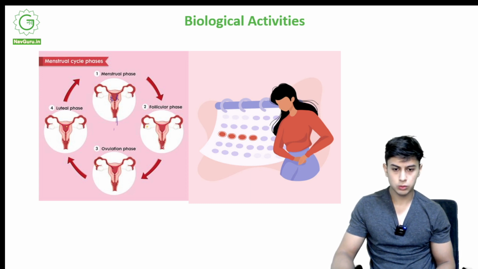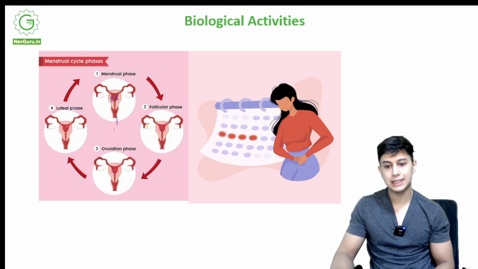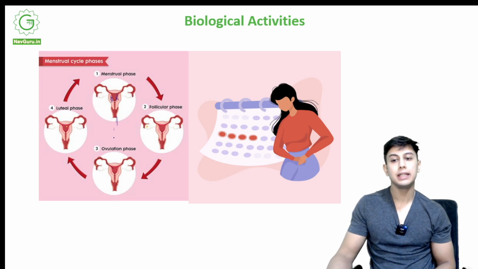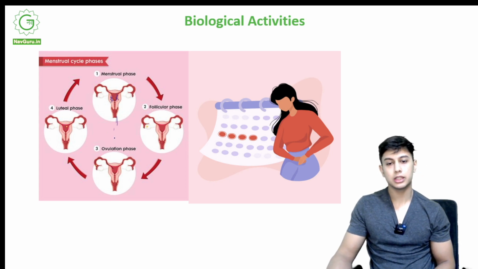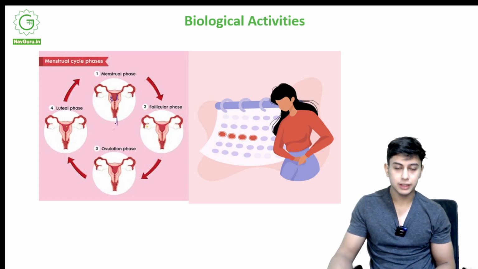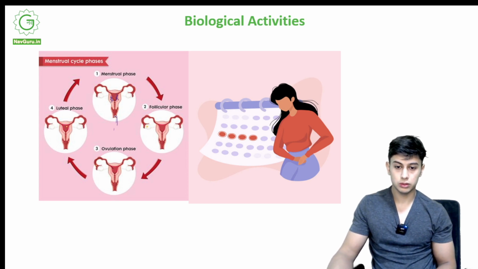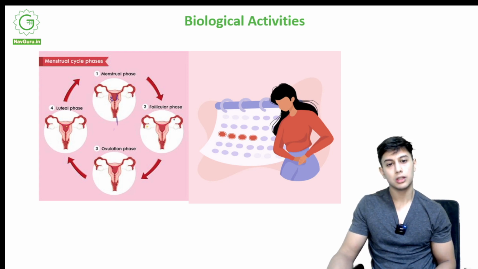It happens every month for women, and proper sanitary conditions need to be maintained, otherwise it may lead to infections. There are various sanitary pads and personal hygiene products that are used during this time.